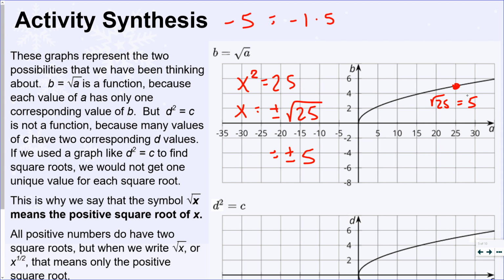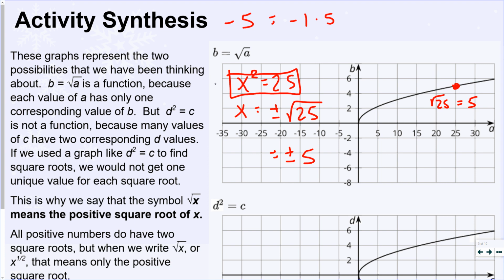Keep in mind that when we solve this equation, why do we say that we get two answers? It's because in this equation, we're using a square root in order to explain something that's being squared. But at the end of the day, in this equation, the main operation is squaring.